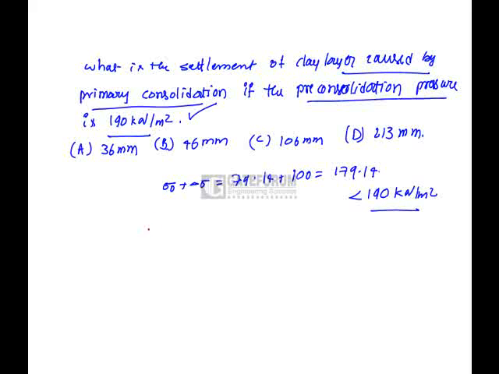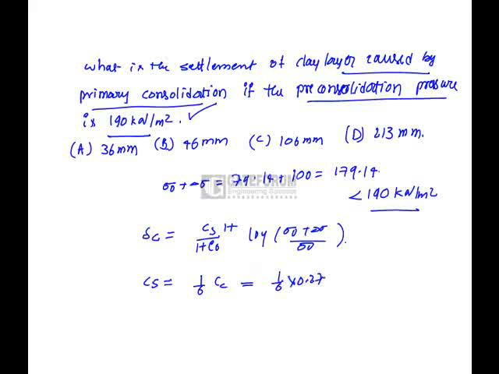So for finding out the settlement, we can use Cs into H by (1 plus e naught) log of (sigma naught plus delta sigma) by sigma naught, where Cs is given as 1/6 of Cc from the data. 1/6 of Cc, we know 0.27, is equal to 0.045.